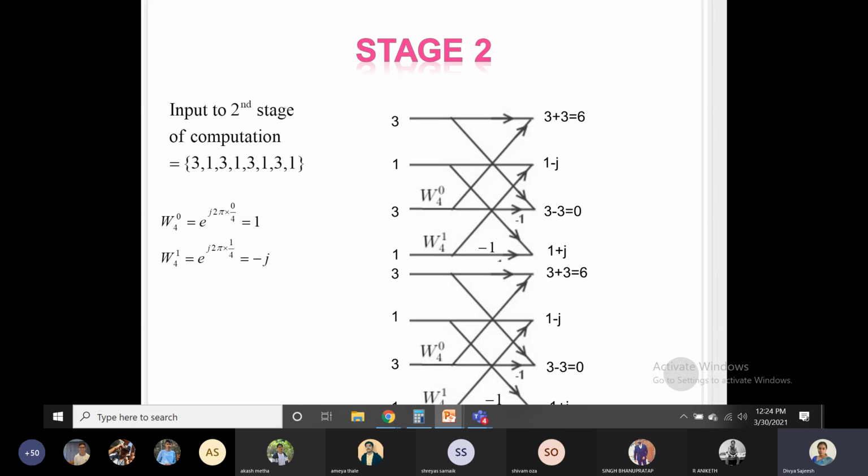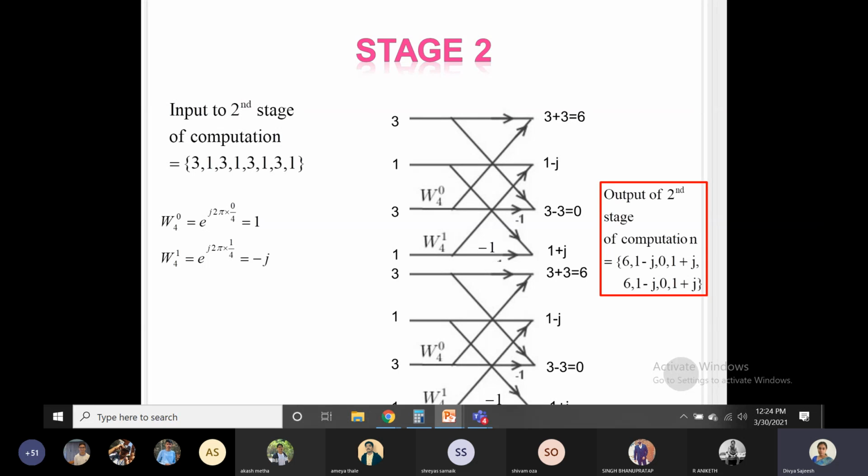Every slide I will make changes, then only I'll share the notes. So here at stage 2, your outputs are 6, 1 minus j, 0, 1 plus j, again the same set, 6, 1 minus j, 0, 1 plus j. So this is the output of the second stage.